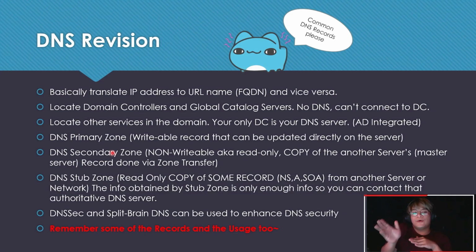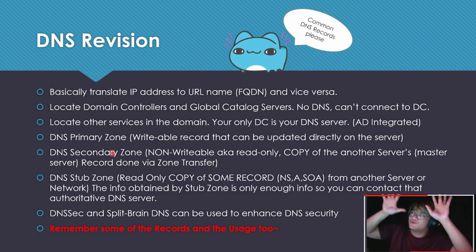It's the read-only copy of another server, the master server. The record transfer is called zone transfer, the transfer of the DNS record from the slave server to the master server. Don't quote me on that. It is actually called slave server and master server.